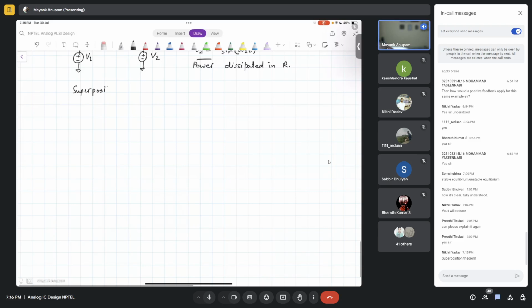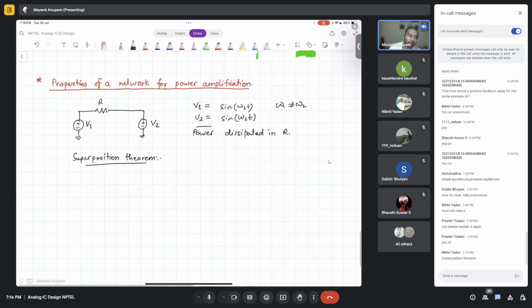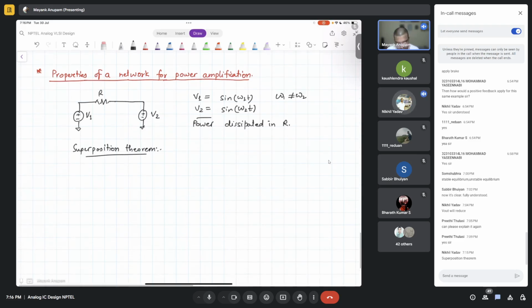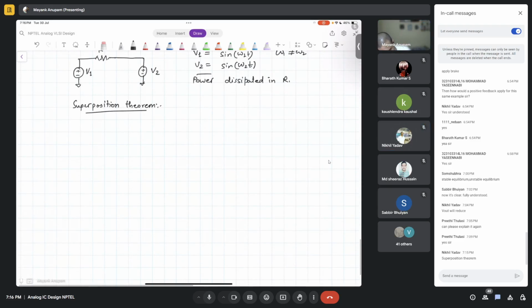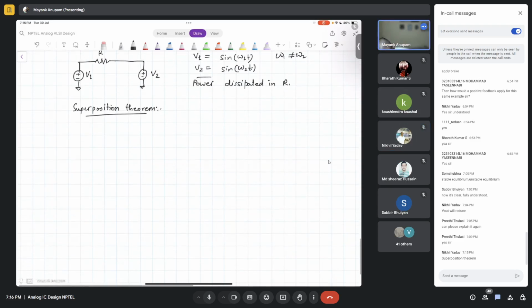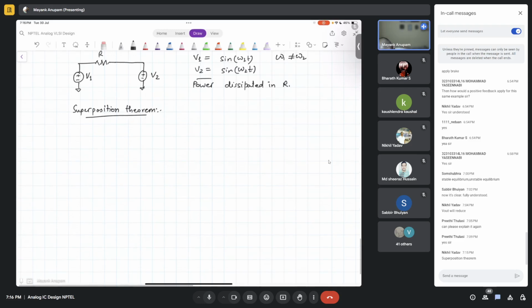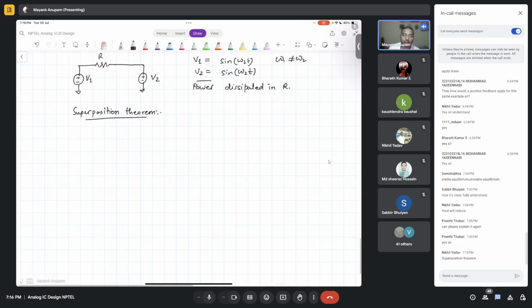And why did you say that you can apply superposition theorem here? Because the network is linear, right? Linear and time invariant? For superposition theorem, you only need linearity, no time invariance.